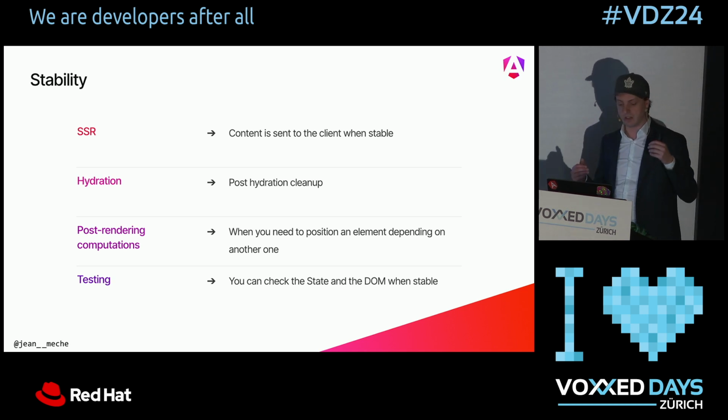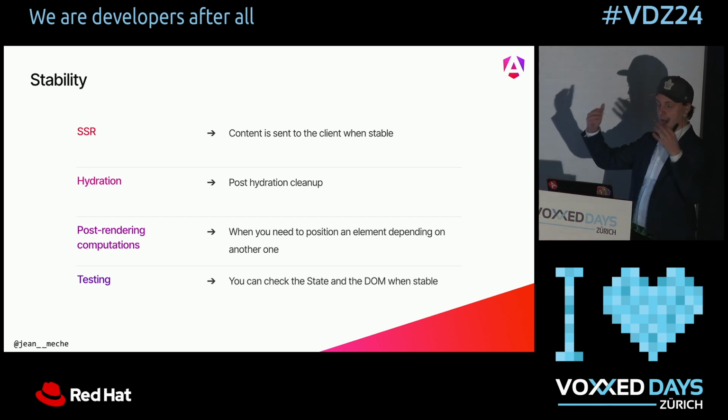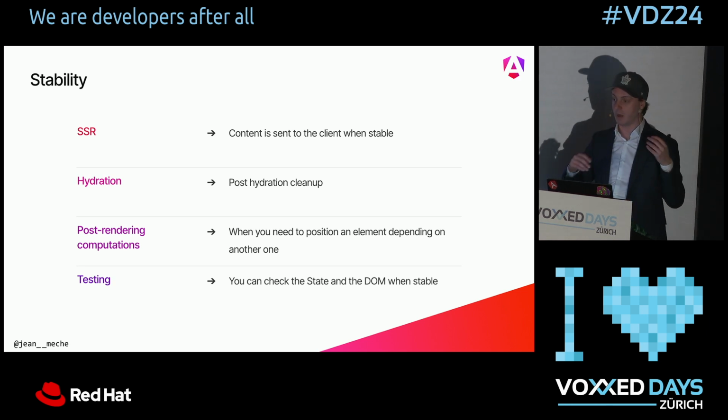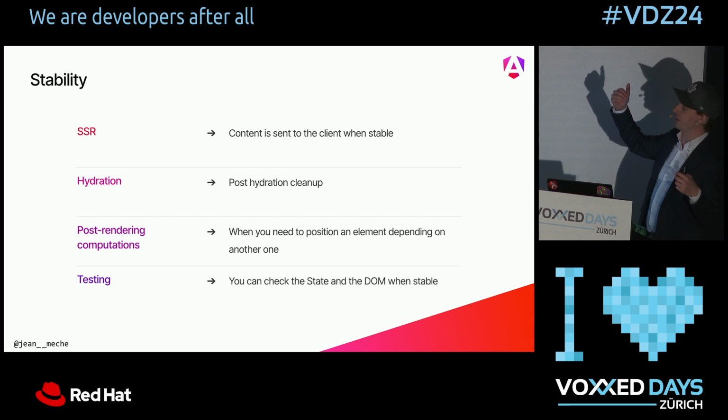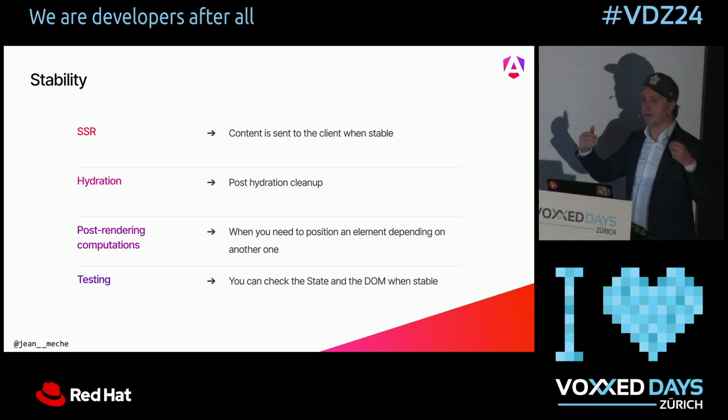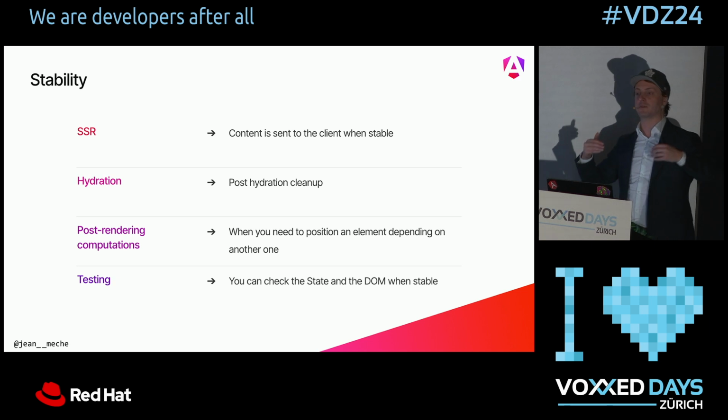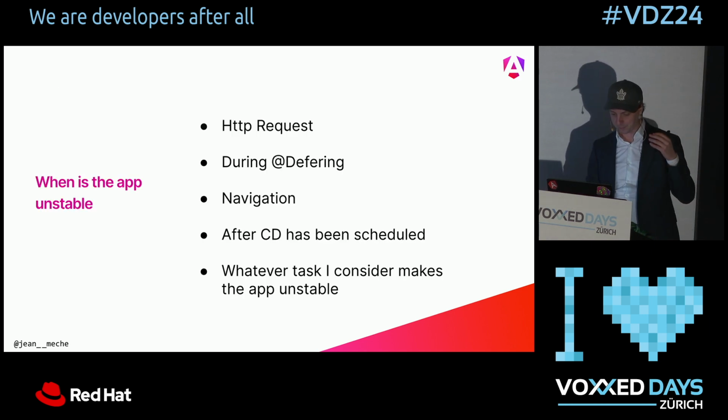And also in the case of testing, when you want to check the generated nodes, for example in a unit test that needs to render something, you will check that only after the application is stable. So these are the challenges that the team will need to address by going zoneless.